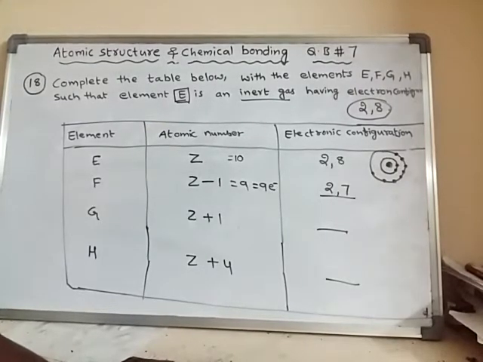If there are 6 electrons, we can add to that outermost orbit. But if there are 8 electrons, we cannot add one more electron to the outermost orbit. Always remember that the outermost orbit's maximum capacity is 8. We cannot add a 9th electron in the outermost orbit. It can never be added.